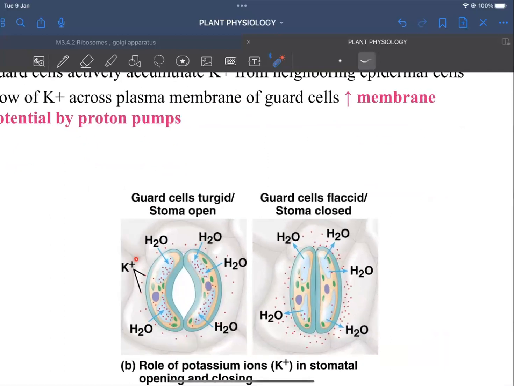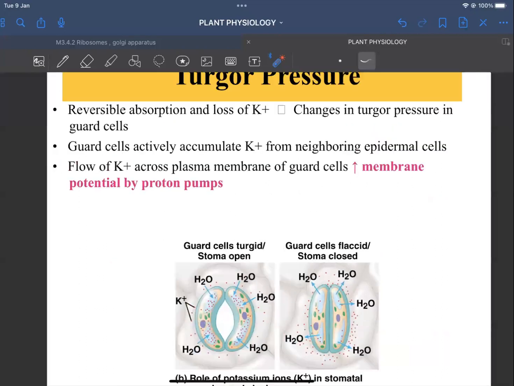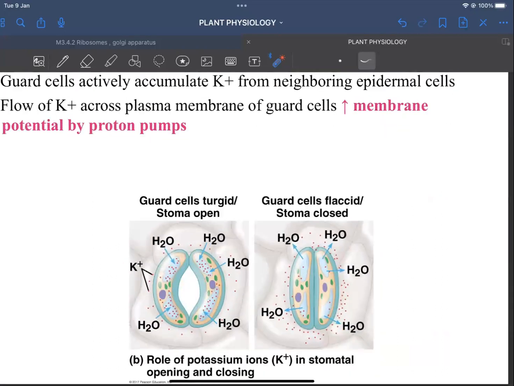Always remember the potassium ion is always available in the epidermal cells because it has been transported by the xylem vessels. The flow of potassium ion across the plasma membrane of guard cells will increase the membrane potential by the proton pump.